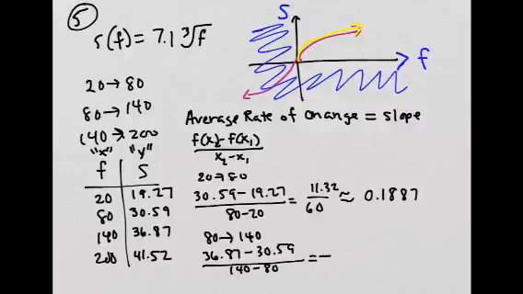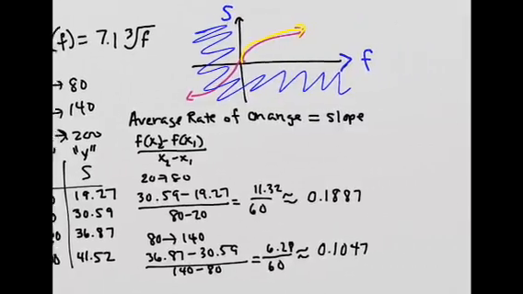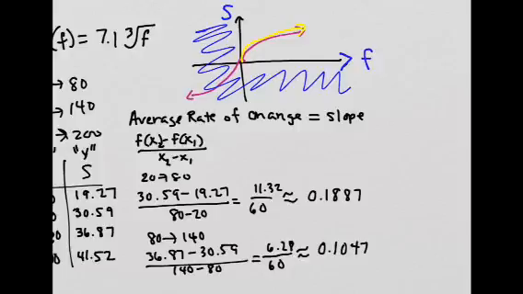That gives us 60 in the denominator. And 3687 minus 3059, that's 628. So that divided by 60 is approximately 0.1047.